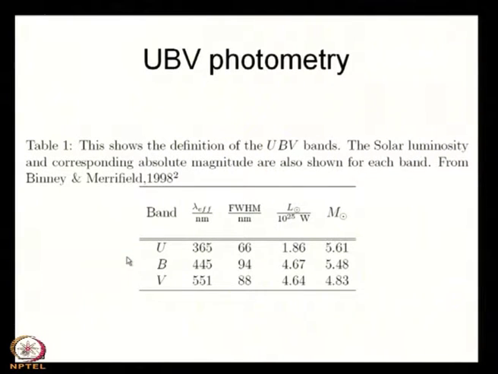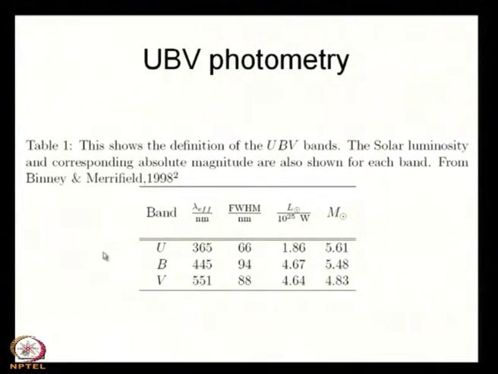In astronomy, it is very common practice to refer to the luminosity of astronomical sources in terms of the solar luminosity. So, this tells you the solar luminosity in the U band. This tells you the solar luminosity in the blue band, and this tells you the solar luminosity in the visual band. This is in units of 10 to the power 25 watts. This column I shall come to later.